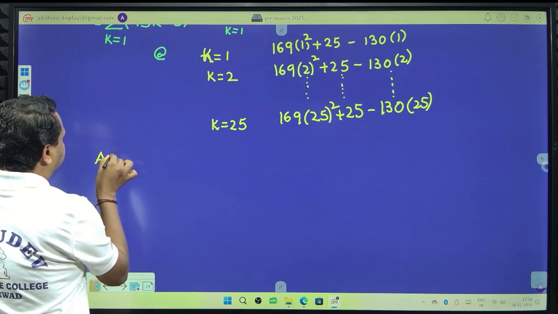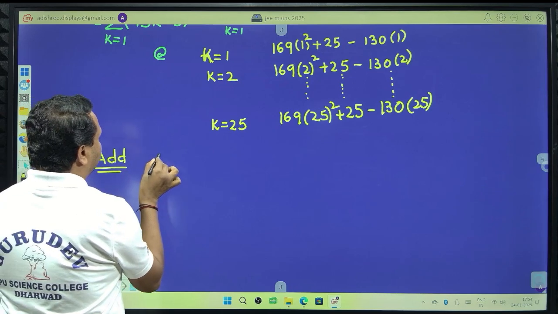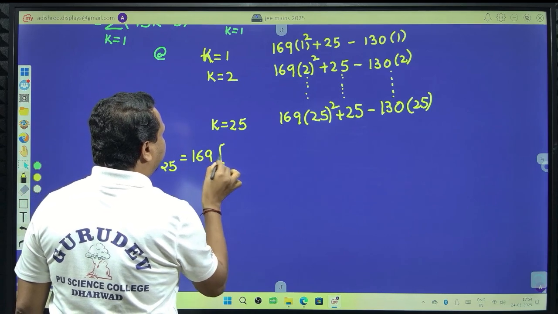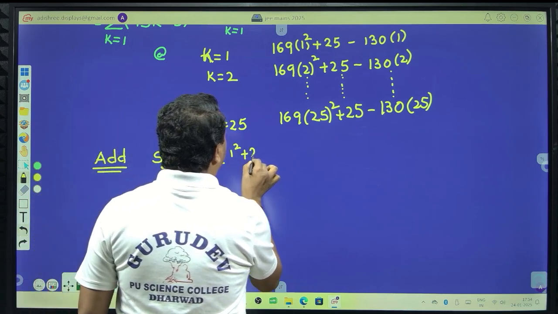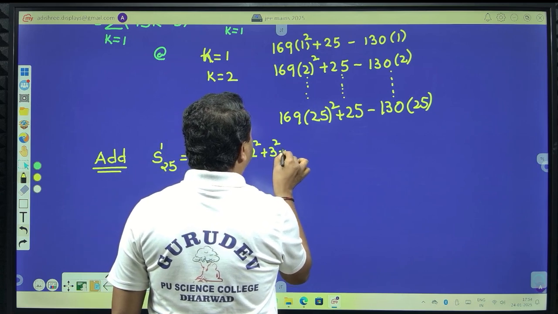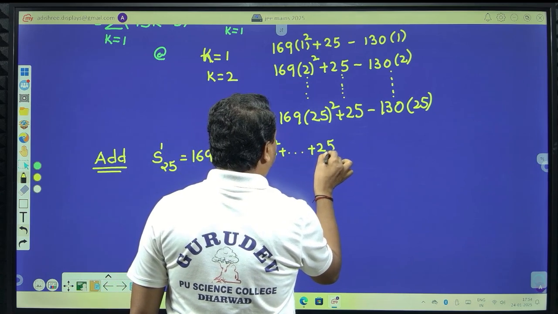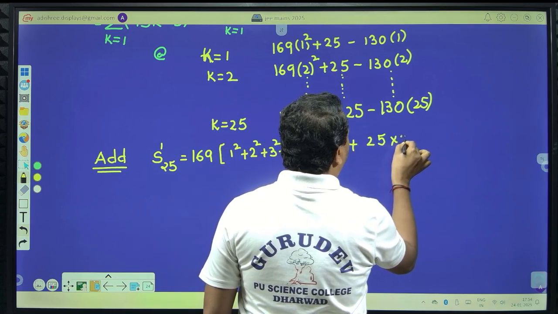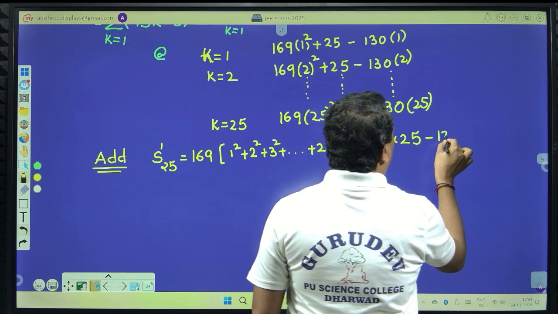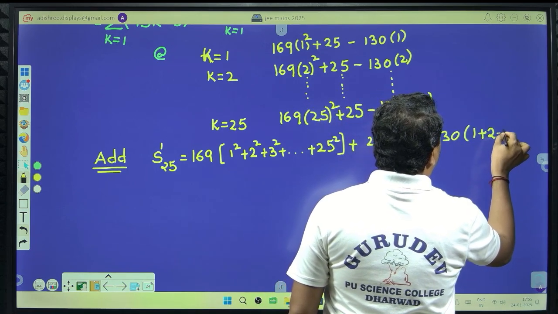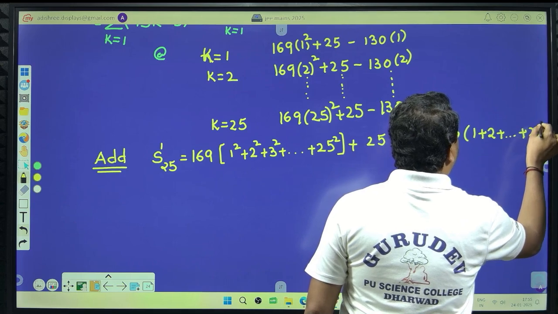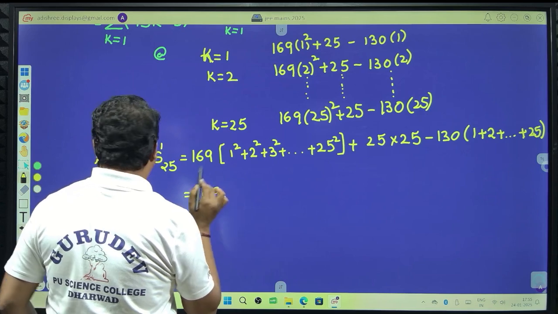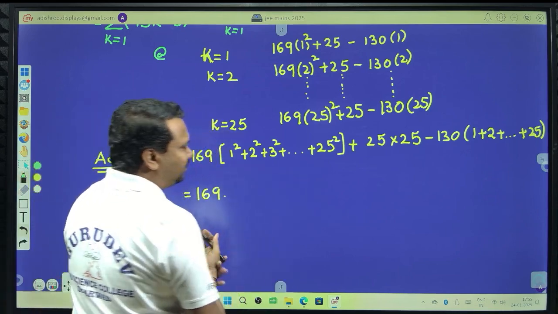So, S dash 25 is equal to, what do we get? 169 times the bracket 1 square plus 2 square plus 3 square and so on up to 25 square, plus 25 is added itself how many times? 25 times, minus 130 into 1 plus 2 plus so on up to how many terms? 25 terms. Clear?